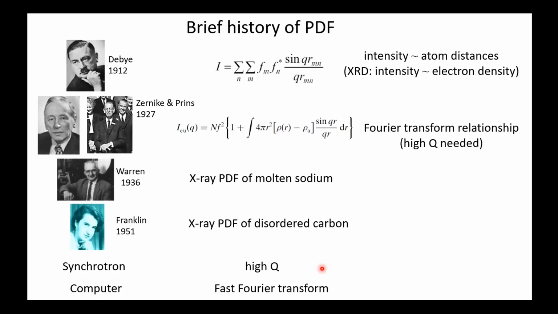Debye and Zernike are both Nobel laureates. And Warren is somebody you're probably not very familiar with if you do not do diffraction very often, but there is a very famous award in the diffraction community, the Warren Award. It's kind of like the highest award for diffraction. Those are all very big figures.